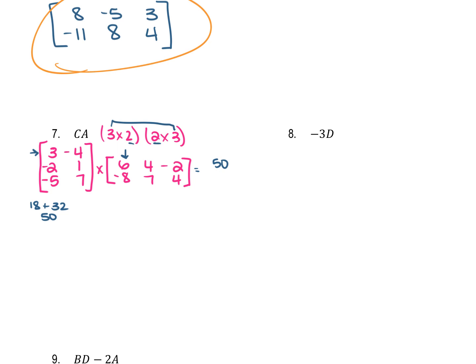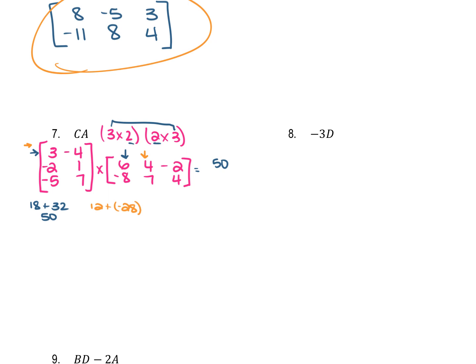Next, you're doing first row by second column. So we're going to do 3 times 4, which is 12, and -4 times 7, which is -28.